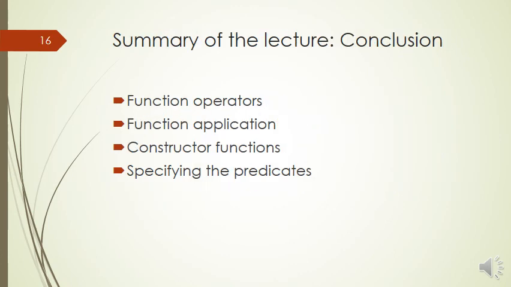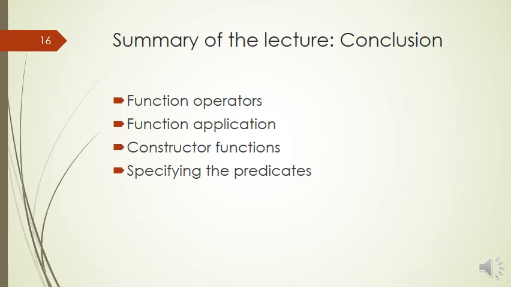Friends, in this lecture, we discussed different function operators, which include the overriding operator and the relational image operator, and then we discussed function application, which includes how to express the return value after passing an argument to a function, and for that purpose we used the mu definite description.